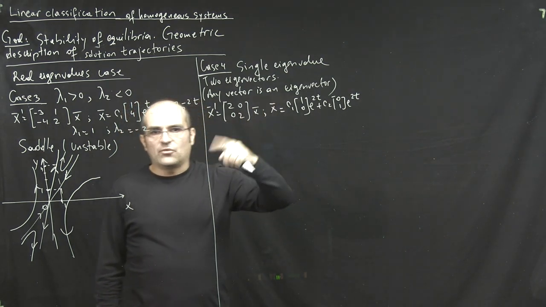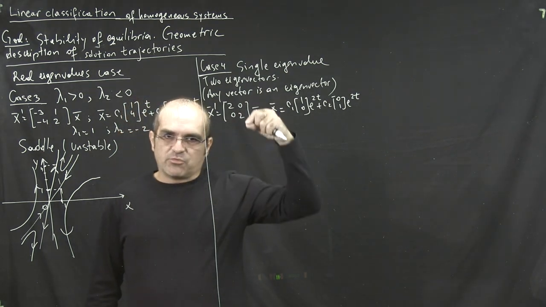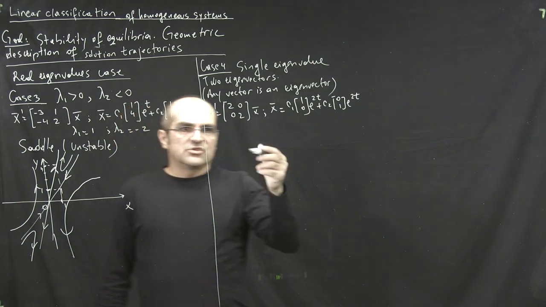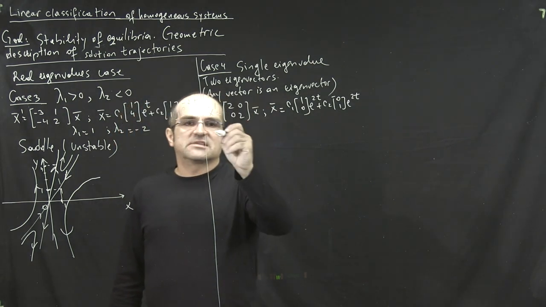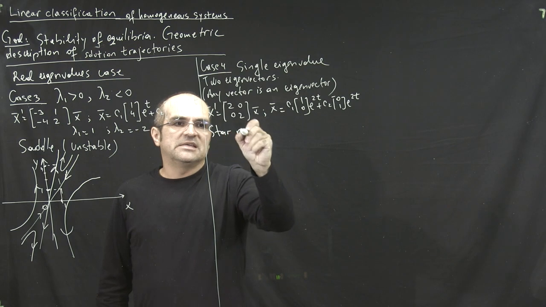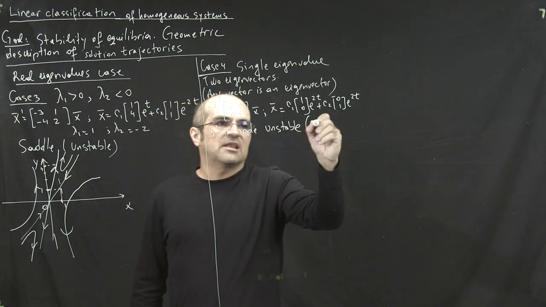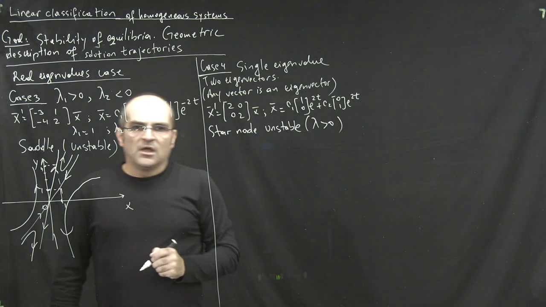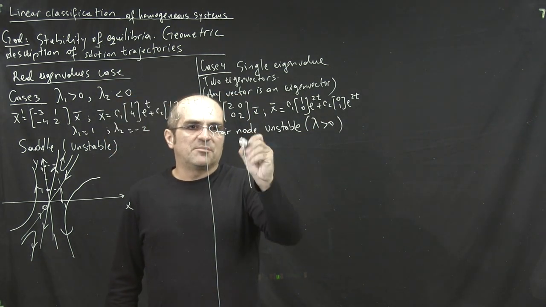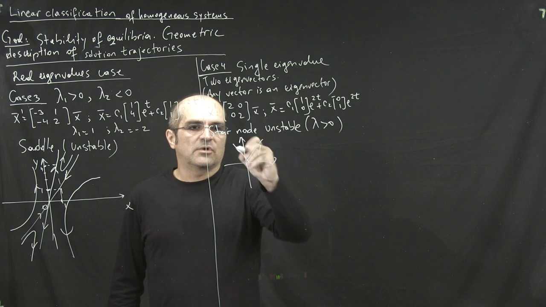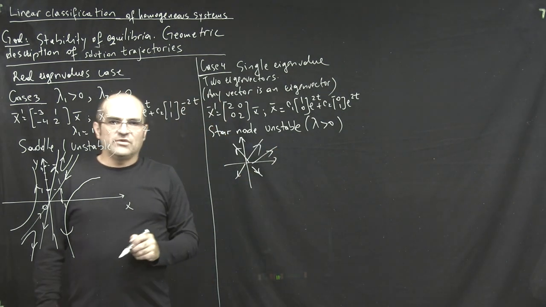Remember what I told you before, eigenvectors correspond to straight line solutions, which is the reason why you have this star node, in this case unstable, because lambda is greater than 0. So when you look at the picture here, all you see when you click on various solutions are straight lines moving away from 0.